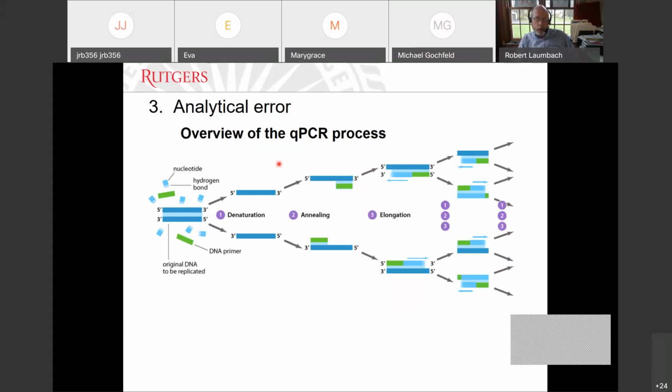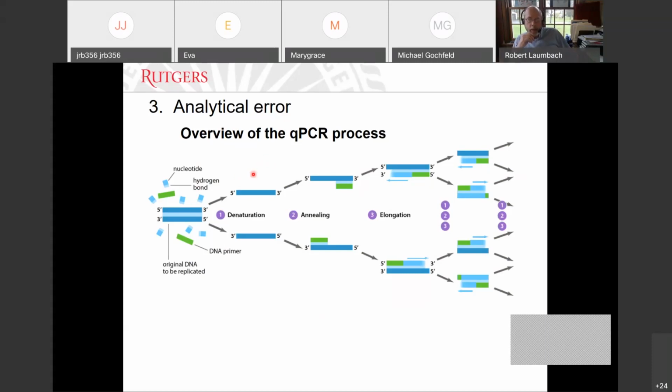PCR works on DNA, so we have to do the reverse transcriptase part of this, which is to transcribe DNA from RNA. And so once we've done that, then we can replicate the sequence of DNA that we want to amplify because we want to be able to quantify it, or detect it.